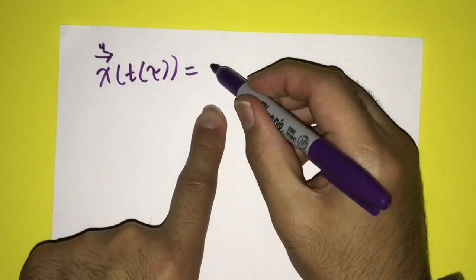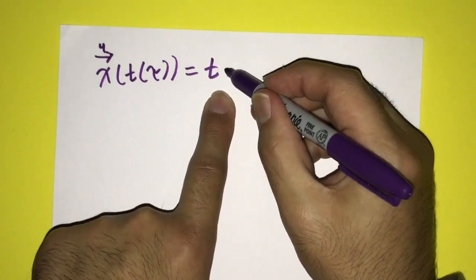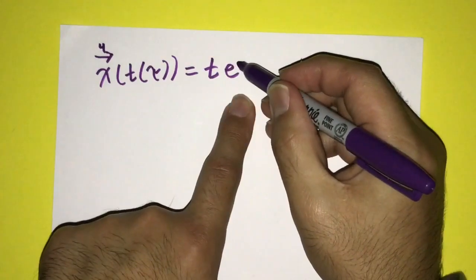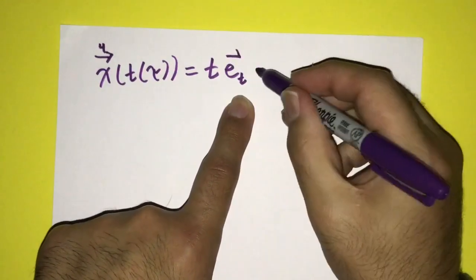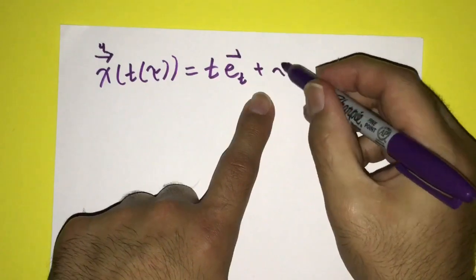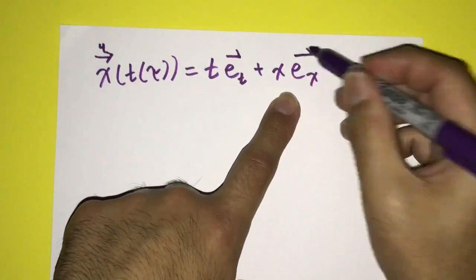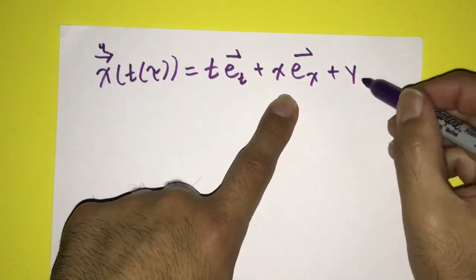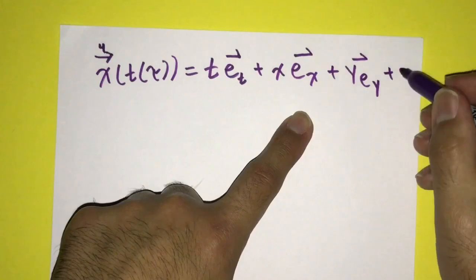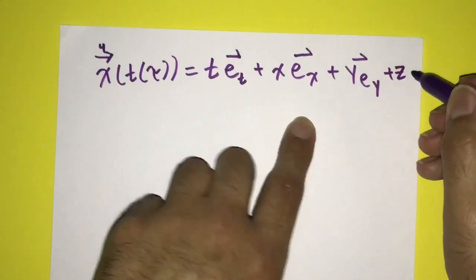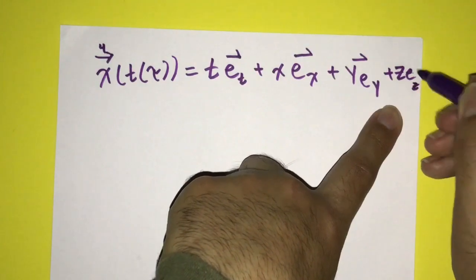So what do we get? Well, we're going to have our time component, in the direction of the time basis vector. Similarly, we're going to have our x component in the direction of the x basis vector, and likewise for the y, and for the z direction, in the direction of the basis z.